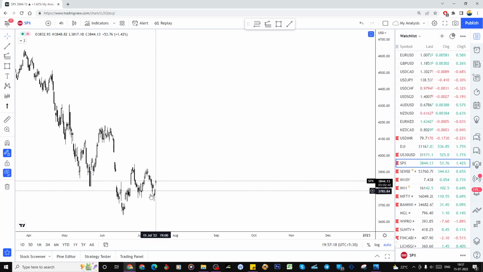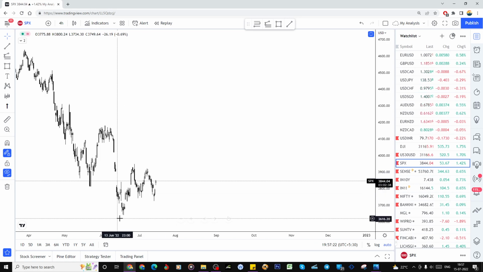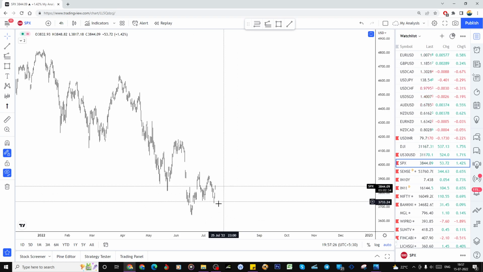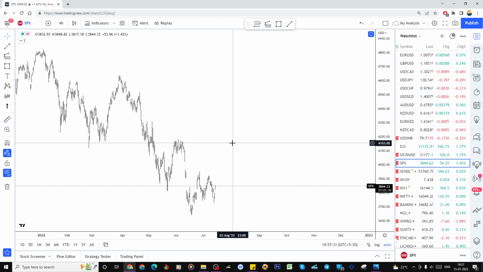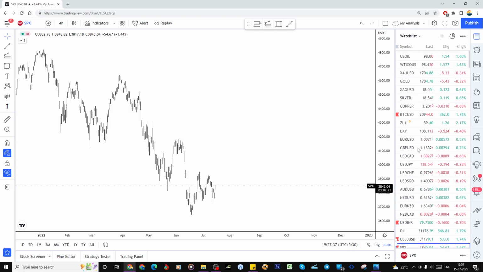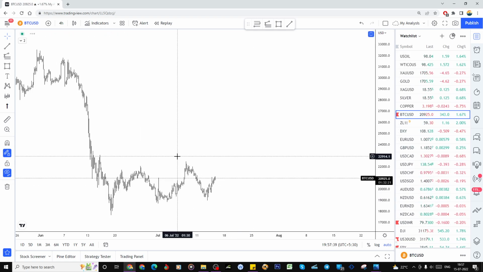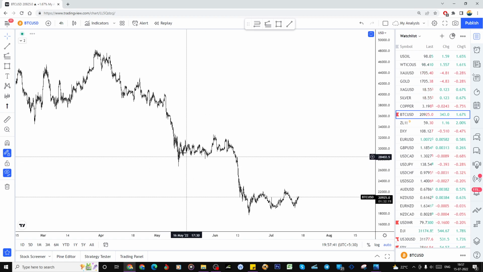It has already broken. So this is the A, this is the B and C. That's it, simple. 1, 2, 3, 4, 5-way structure, 3. And what else do you need? Another 5-way structure. So another 5-way structure, my target is 4,150. Simple, right? So next we will move on to Bitcoin. This is in the formation of this kind.